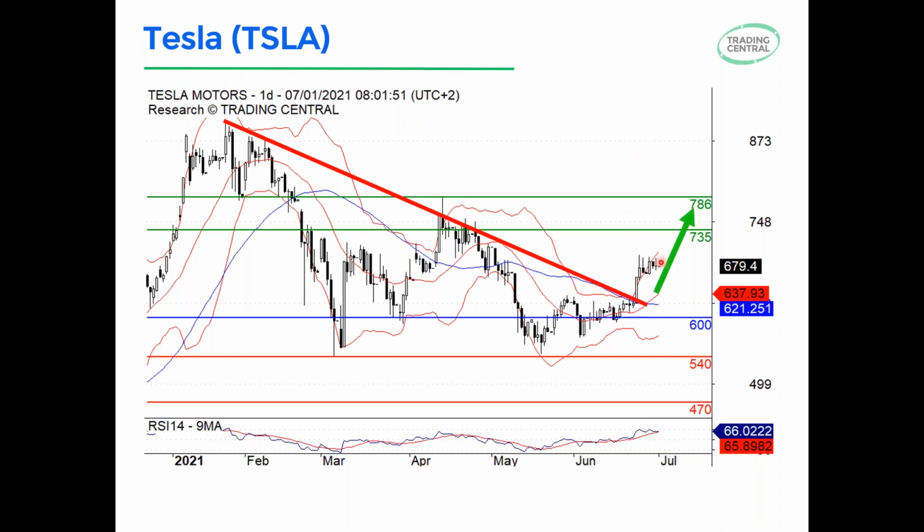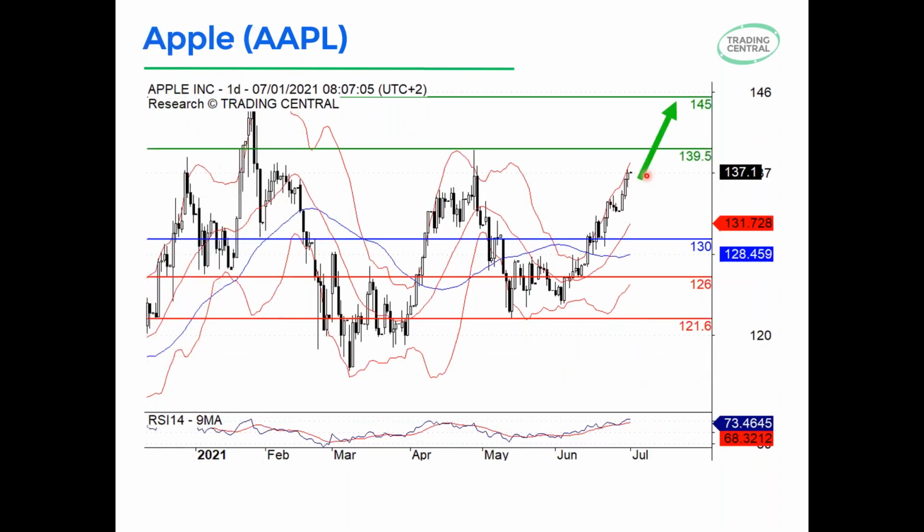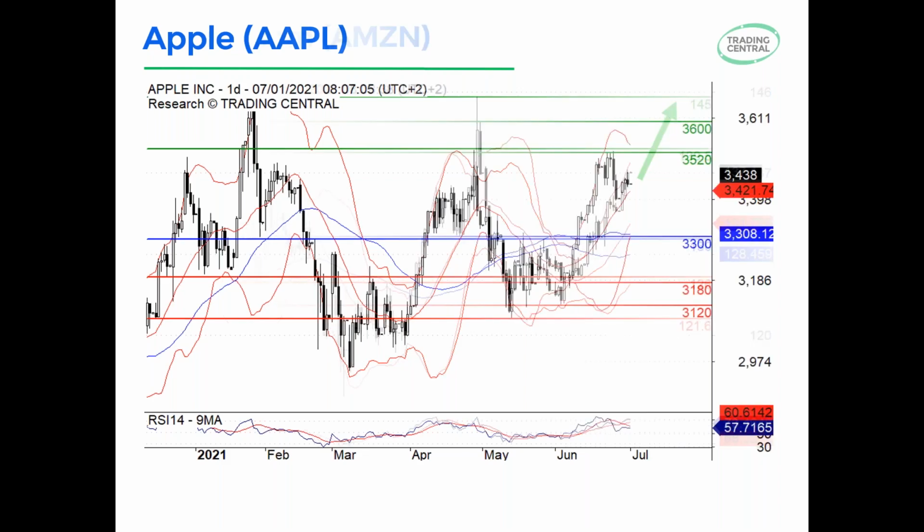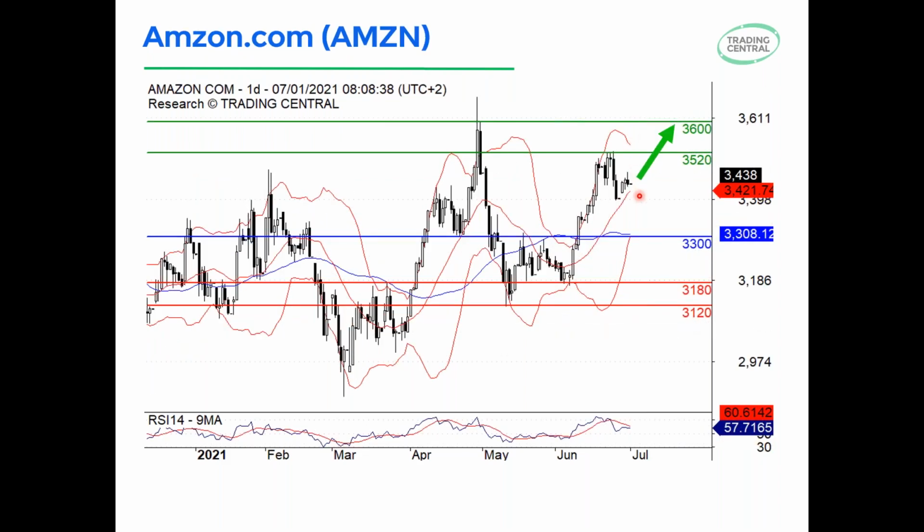It is just recovering some lost ground that was lost when we kept talking about interest rates increasing. Okay, how about Apple? Apple is not making record high at the moment. It is just rebounding. Record high is around 145. Okay, Amazon, it is not making record high. It is rebounding to its previous high.